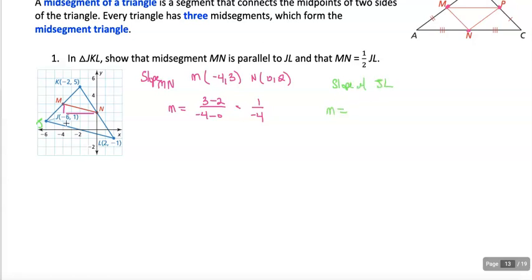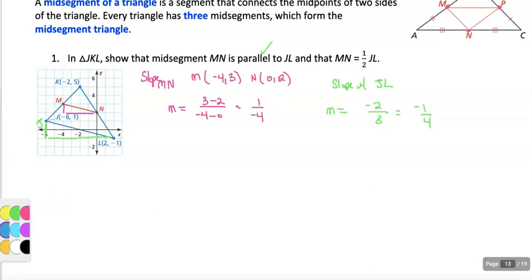That's down 2, and I'm going to go to the right from here to here, and we got 1, 2, 3, 4, 5, 6, 7, 8, right 8, and that simplifies to -1/4. So the slope of MN and the slope of JL are the same, whether you're using the slope formula or whether you just want to count them out. So they are parallel.